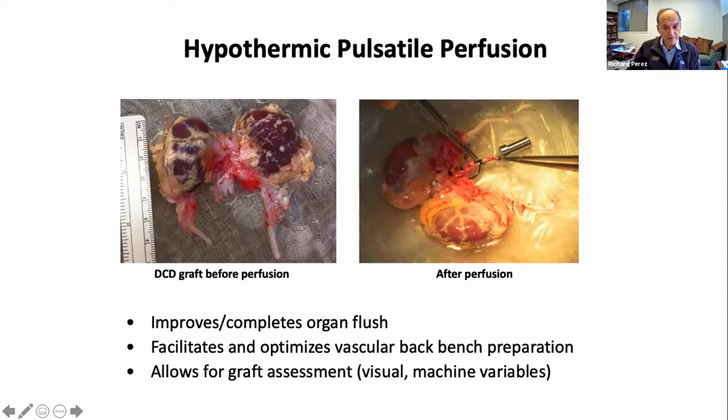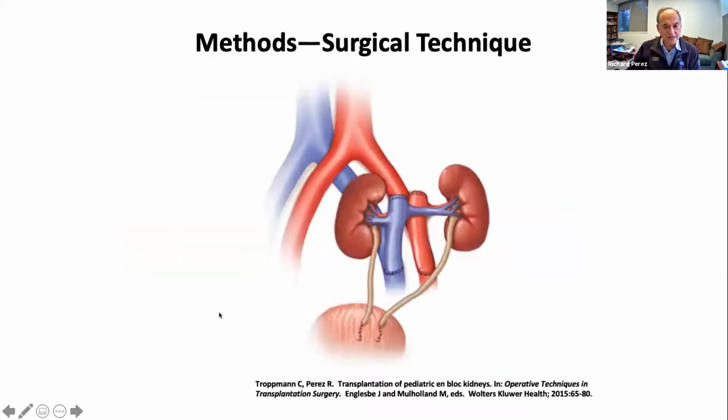After pumping, they clear up and resistance goes down. It facilitates the working of the backbench preparation, and it gives us an idea of kidney quality as well. So we pump almost all of the pediatric kidneys that we do.